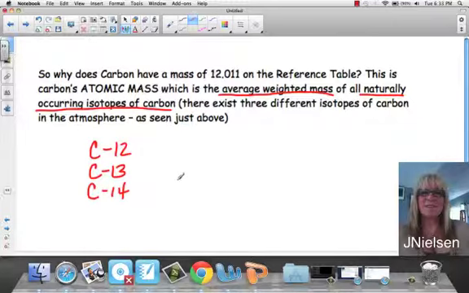So carbon-12 might be 98% abundant, where carbon-13 is maybe 1.1% abundant, and carbon-14 is less than 1% abundant. So we have to take that percent abundance into consideration when calculating average atomic mass.